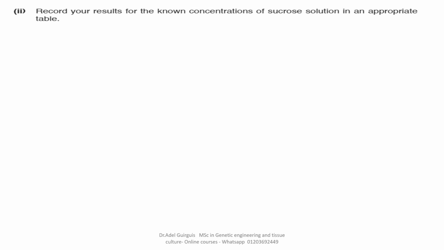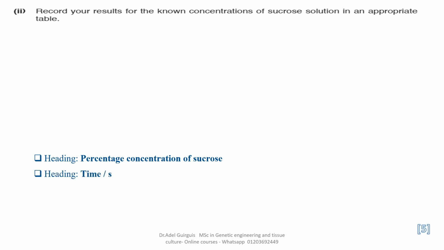Record your results for the known concentrations of sucrose solution in an appropriate table. When we draw a table, please obey these instructions for headings. Heading: percentage concentration of sucrose. Heading: time required for the end point, for the Benedict solution to change from blue into another color or greenish color, in seconds. The time for all sucrose concentrations S5, S4, S3, S2, and U must be recorded.